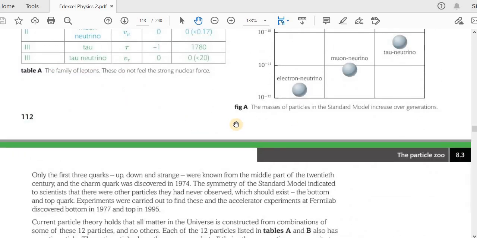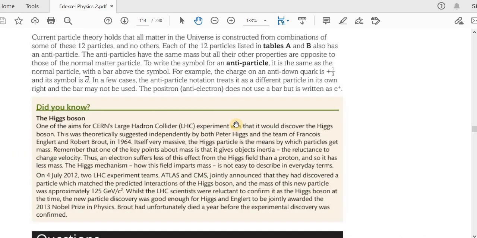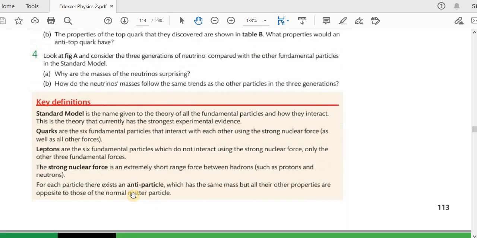So if there is a particle, that means it should have an antiparticle. But here also it's mentioned. For each particle there exists an antiparticle which has the same mass, but all the other properties are opposite to those of the normal matter particle. So everything is opposite except the mass. For example, charge is opposite. If it's the antiparticle of that particle, then it will have the opposite charge, but it will have the same mass.